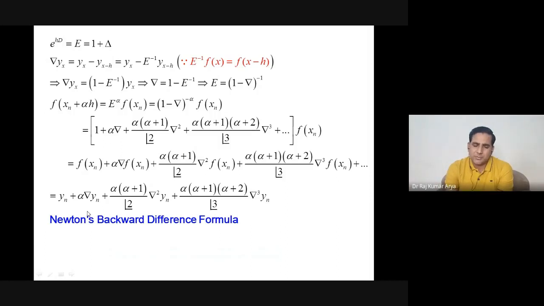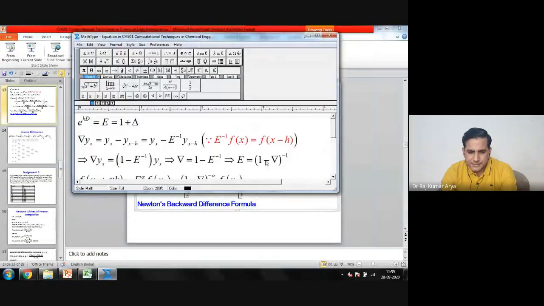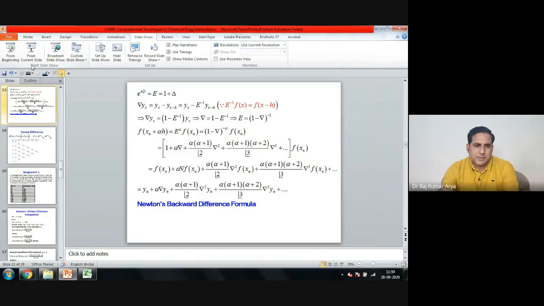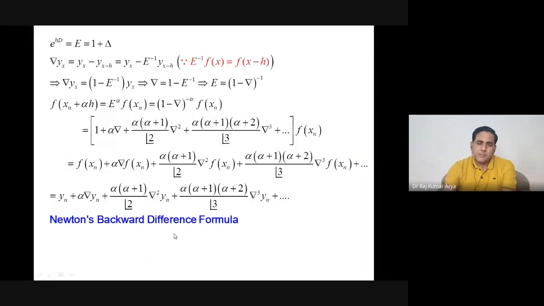Here the terms are missing, just wait. So this is your Newton's backward difference formula here.